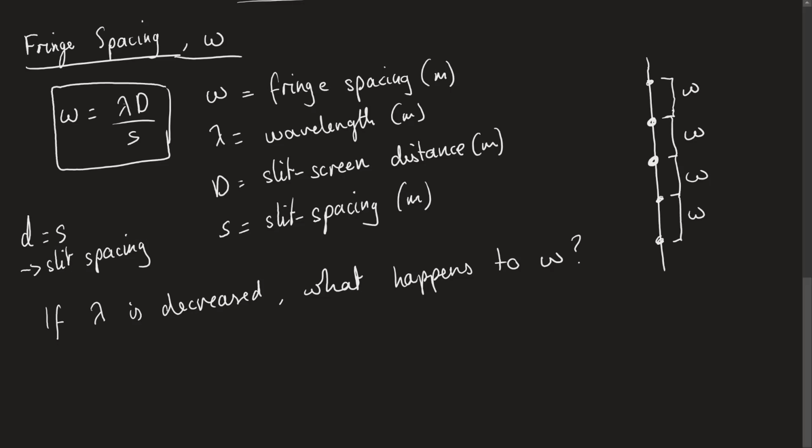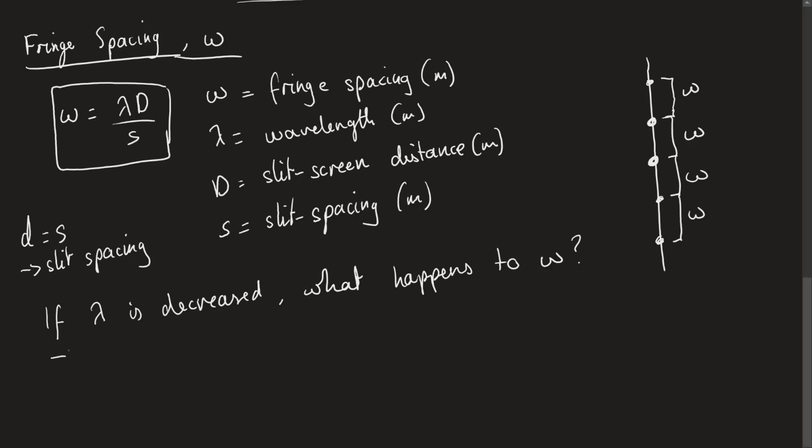Now we've already answered this, but we can use this equation to prove the same thing. If lambda is equal to S, the slit spacing, that's when we have the maximum amount of diffraction, because if lambda is equal to S, we can cancel those two out, and the fringe spacing is going to be the whole distance between the slit and the screen, and that's going to be a few meters, which means we're going way bigger.